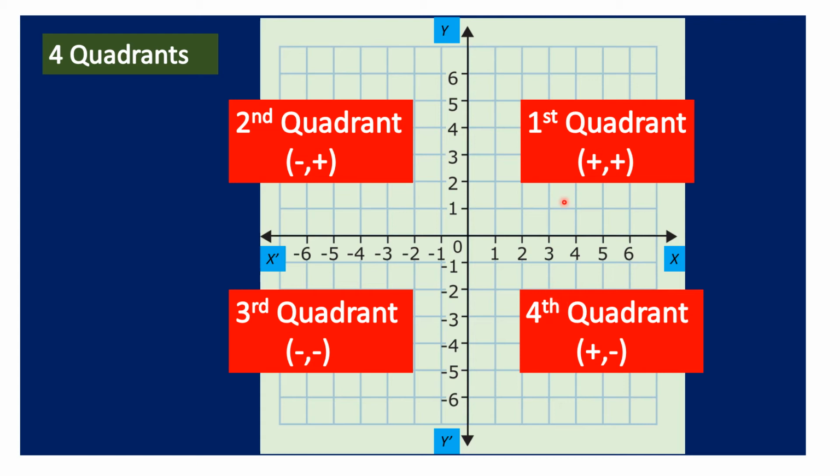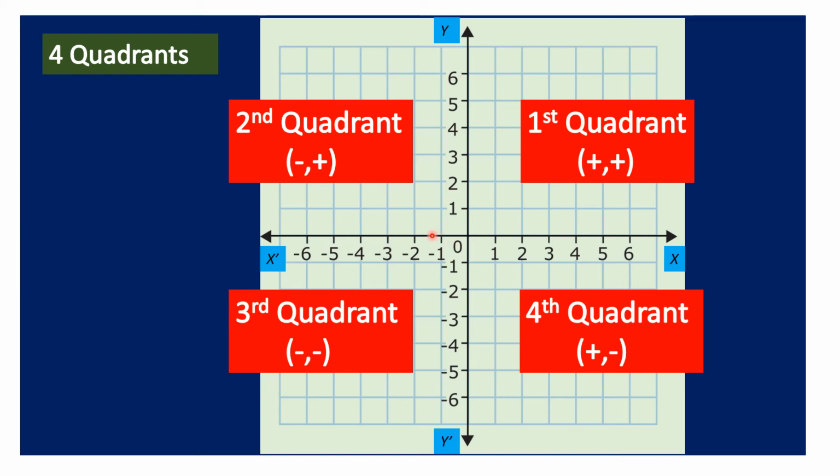Now if you see here, all the points that lie in the first quadrant will have abscissa and ordinate both positive, right? Because if you see, the x-axis and y-axis are positive there, right? Now in the second quadrant, the ordinate will be positive and the abscissa will be negative because the x-axis you can see is negative.